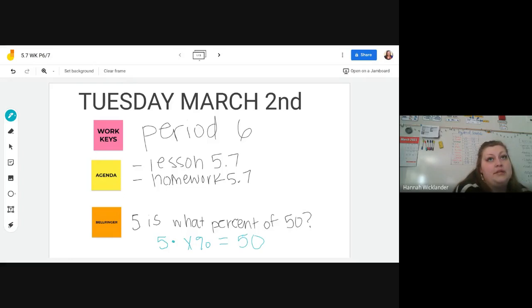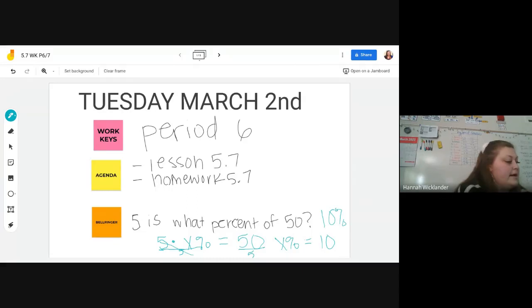So I'm going to divide both sides by 5, because remember the 5 is being multiplied by the X. These cancel out and I'm left with X percent equals 50 divided by 5, which is 10. So my answer in percent form is 10%.